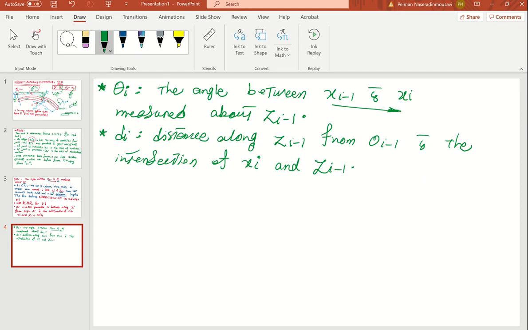Okay, distance from origin OI minus 1 to the intersection of xi and zi minus 1.